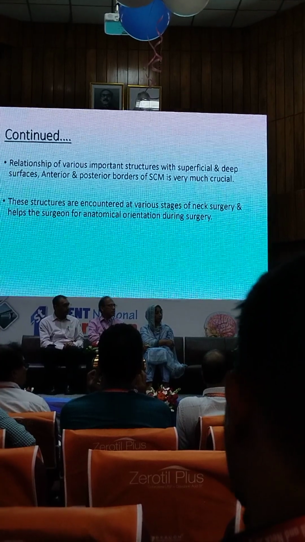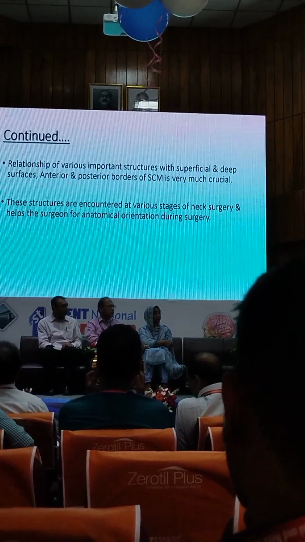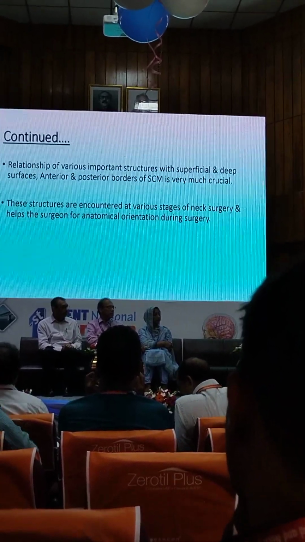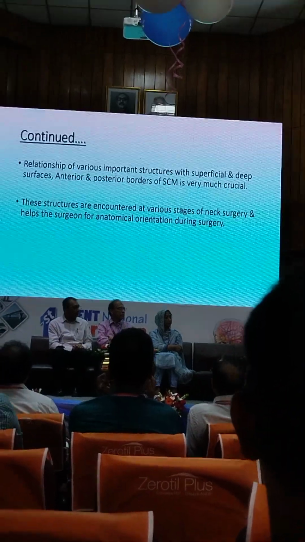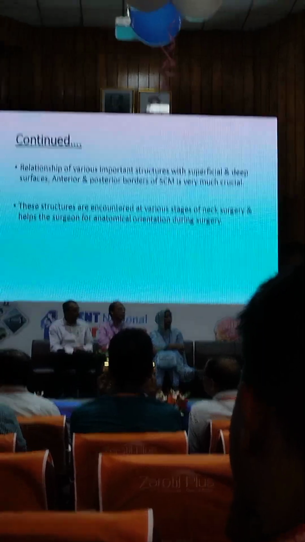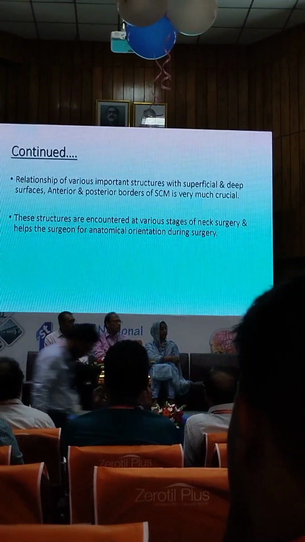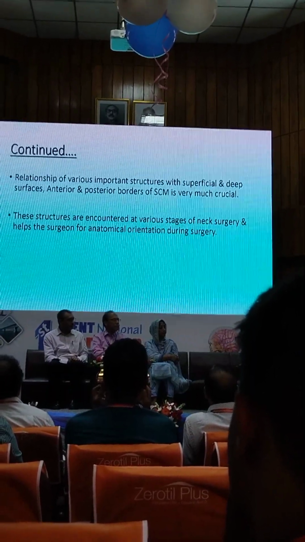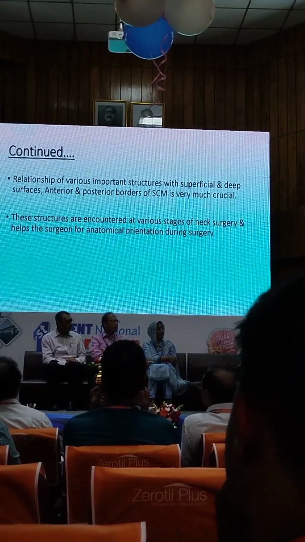The relationship of various important structures with the superficial and deep surfaces and also the anterior and posterior borders of the sternocleidomastoid muscle is very crucial. These structures are encountered at various stages of neck surgery and help the surgeon with anatomical orientation.